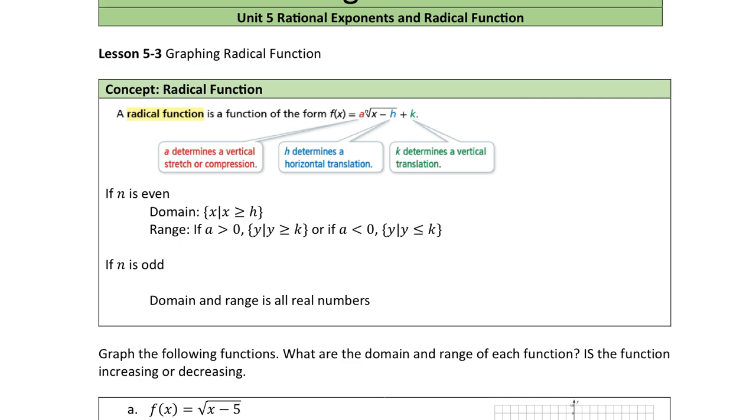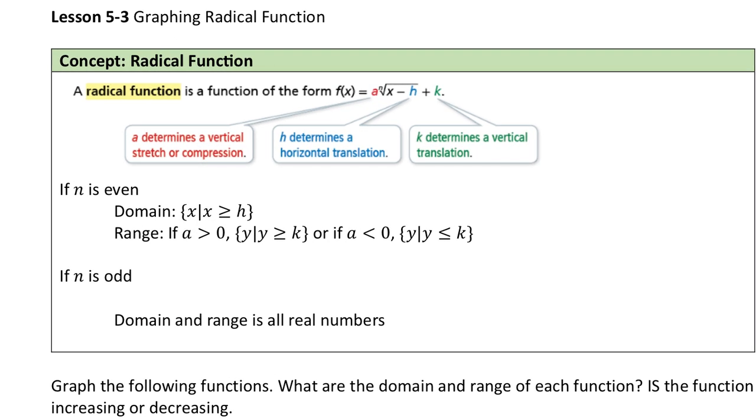Now, it's important that for the domain and range, it's a little bit different if we have an even index or an odd index. The domain is going to be where X is greater than H, or if by any chance my X has something in front, wherever X minus H is greater than or equal to 0.